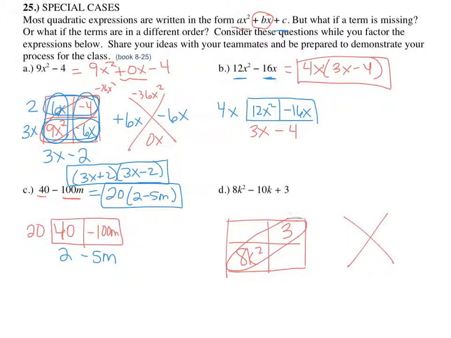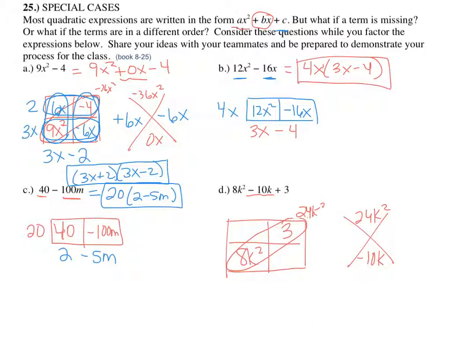So the product here is 24k squared. And the sum is going to be this middle term, which is negative 10k.